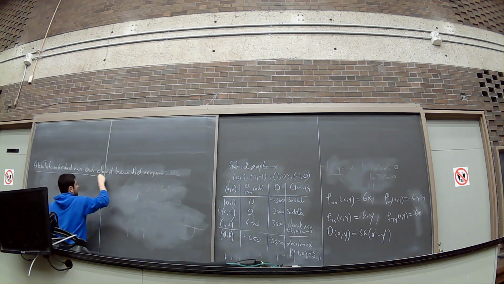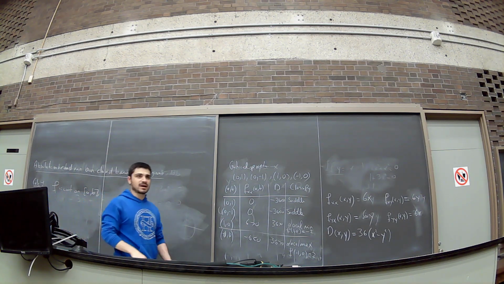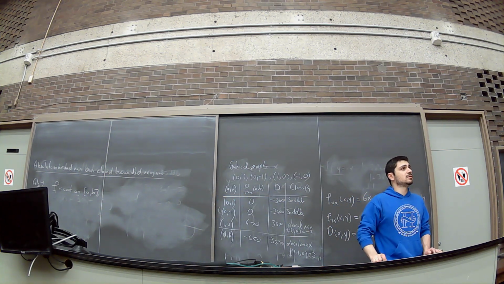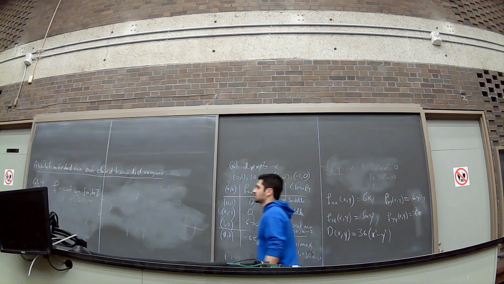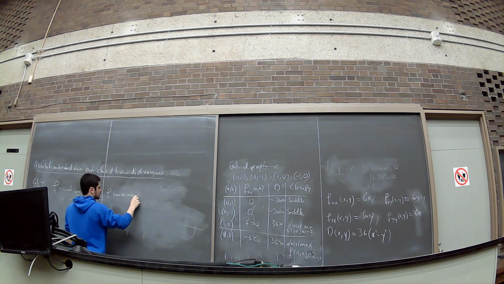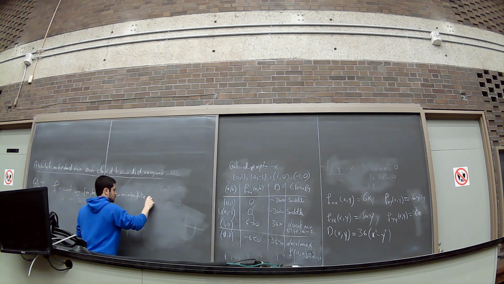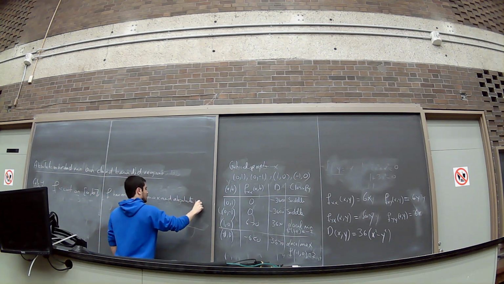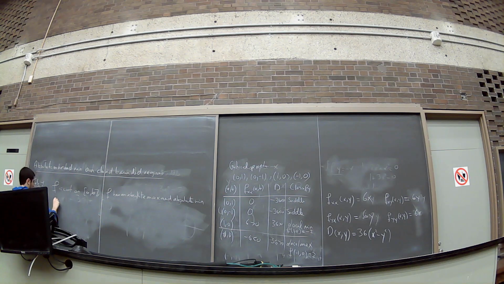So in calculus 1, if f is continuous on [a, b], what do I know about f? We know that f has a maximum and a minimum on this interval, right? You remember this? So f has an absolute max and absolute min on [a, b].